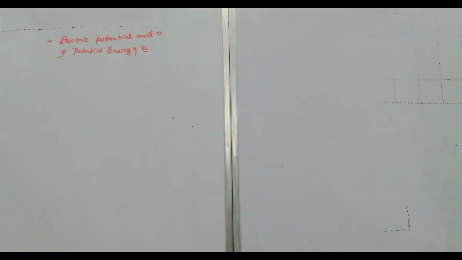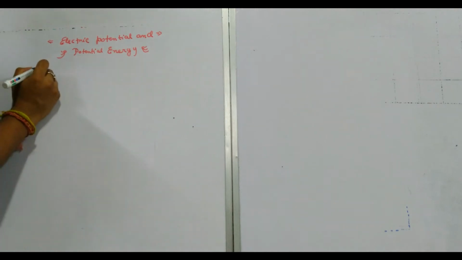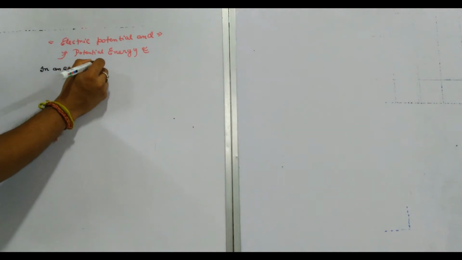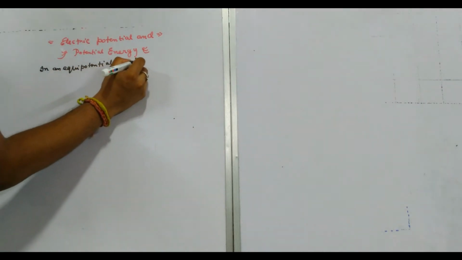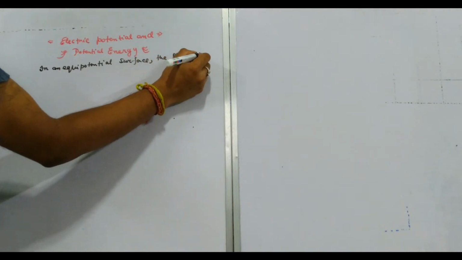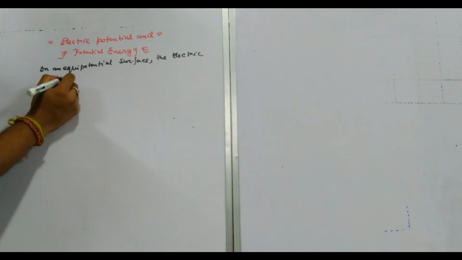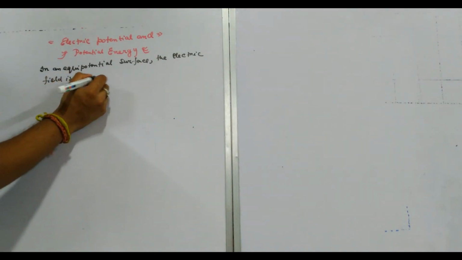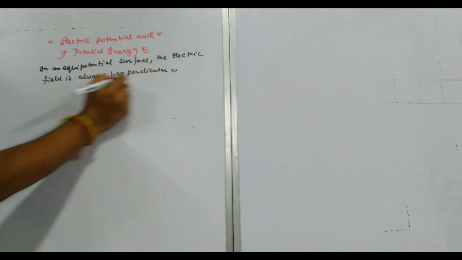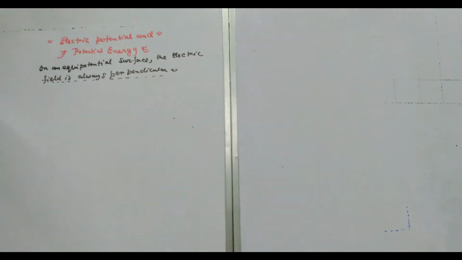Now we will establish that in an equipotential surface, the electric field is always perpendicular. Clear? Right. To establish it, we will follow some basic properties in a different way. And trust me, this is a bit complicated.